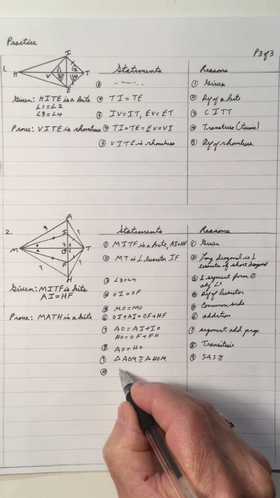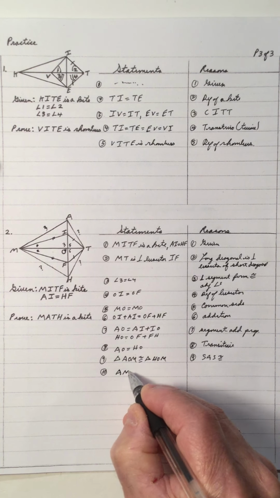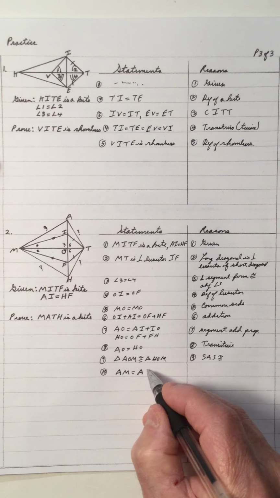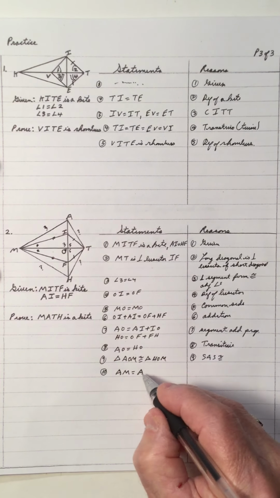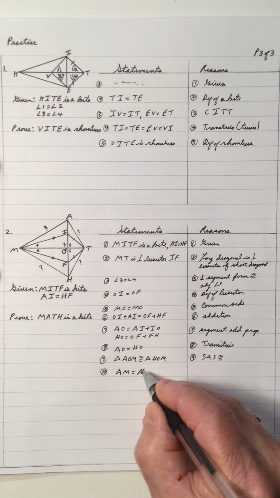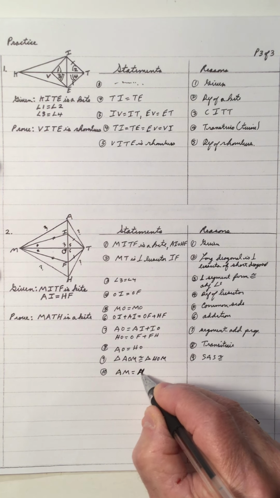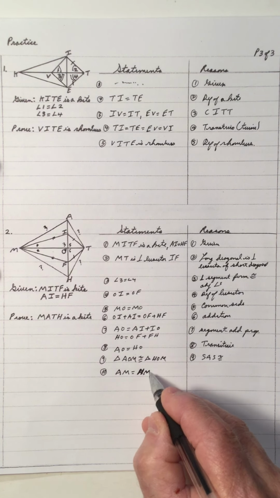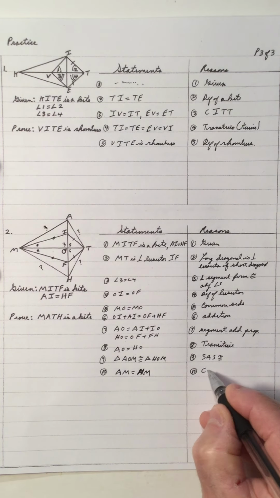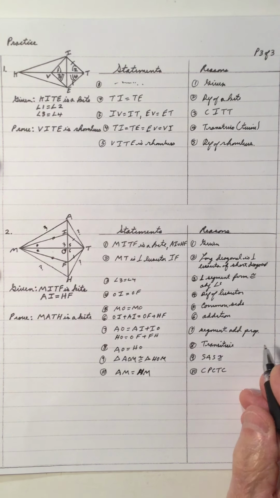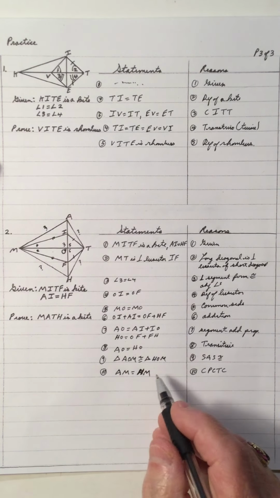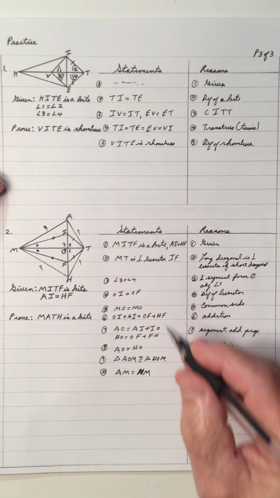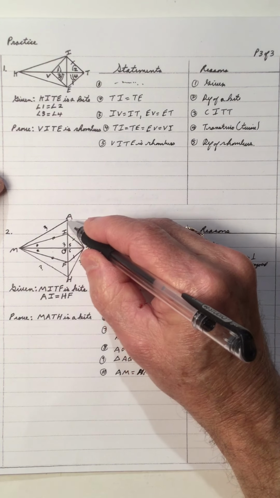That means we have AM equal to HM. Better be careful. AM equals HM, and that's CPCTC. Now I have AM equals HM, so now I need to get AT.